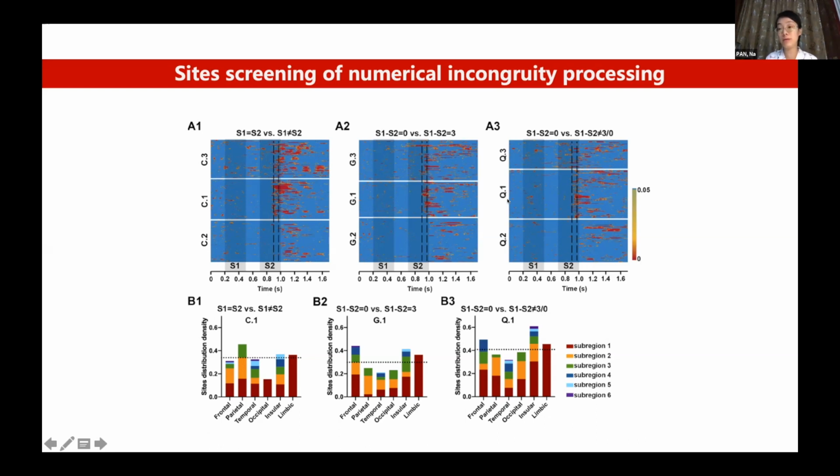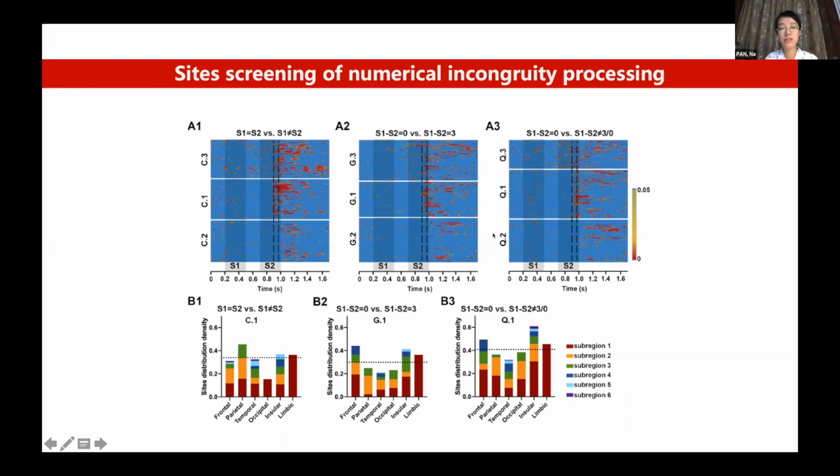We got a map of the p-values, and the red p-values showed significance, with p less than 0.005. We clustered all the p-values using the k-means method, and we got 3 clusters.